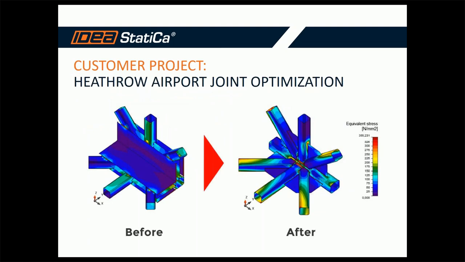And what will you see today? The first project will be a customer example, and you will see an example from Heathrow Airport, how the company used our tool to optimize their steel connections.